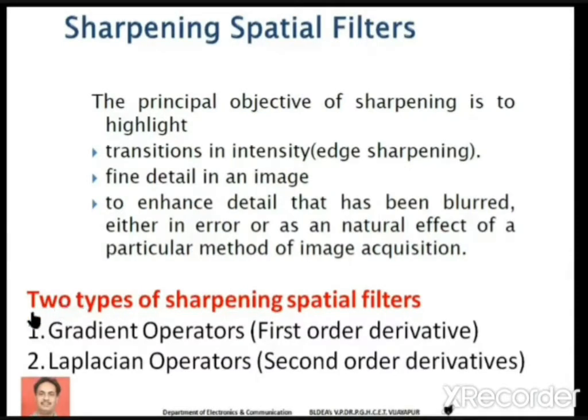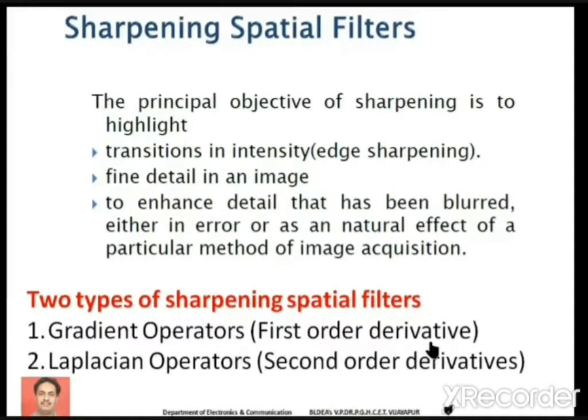Here we have two types of sharpening spatial filters. One is the gradient operators, and the second one is Laplacian operators. Gradient operators are the first order derivative.